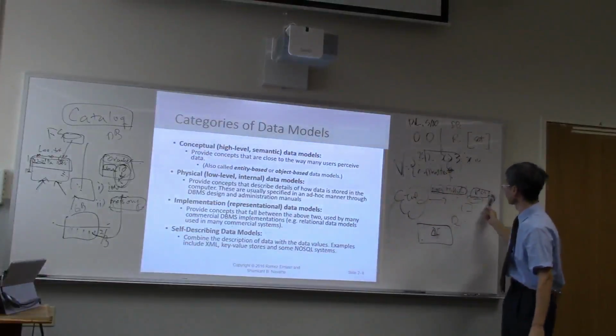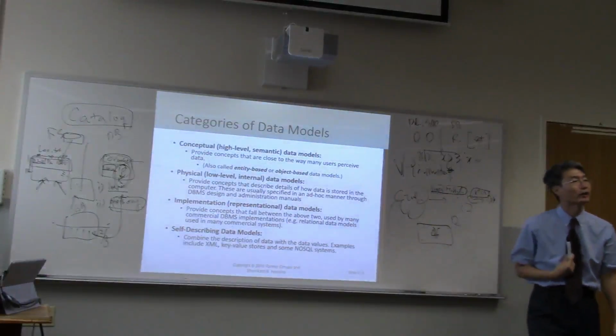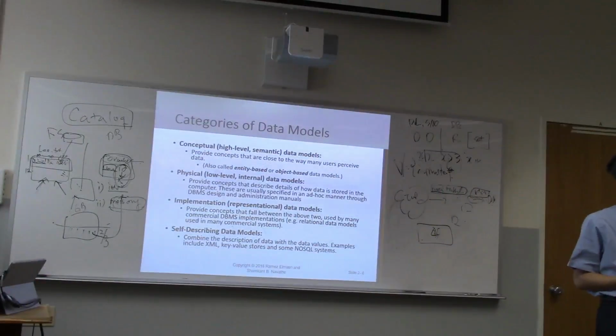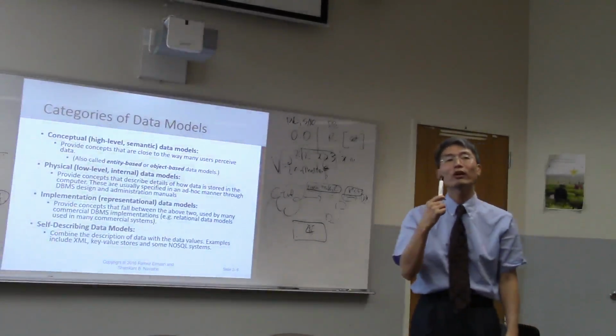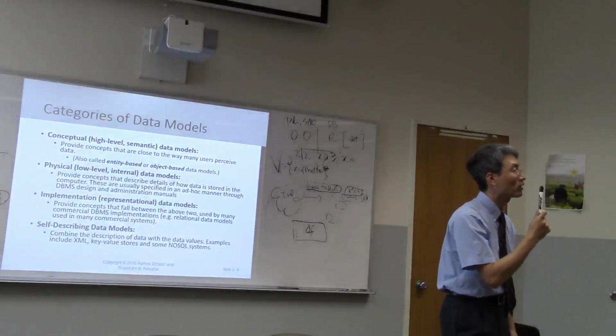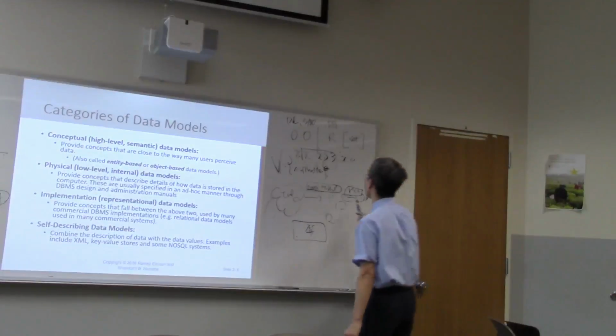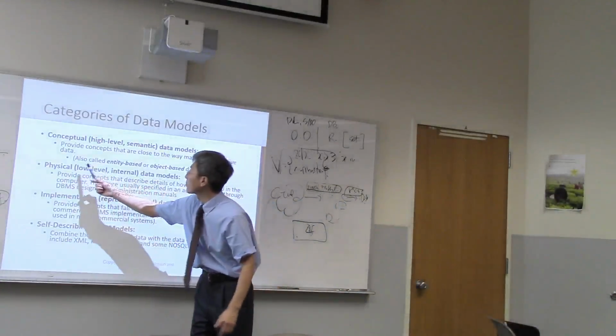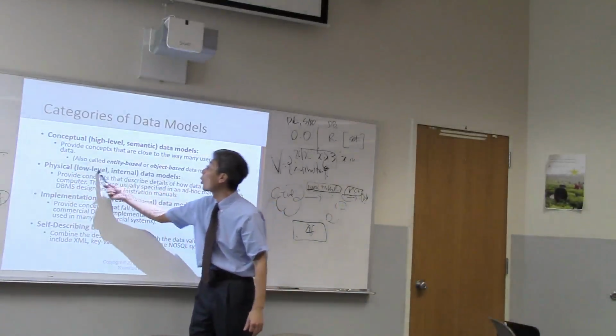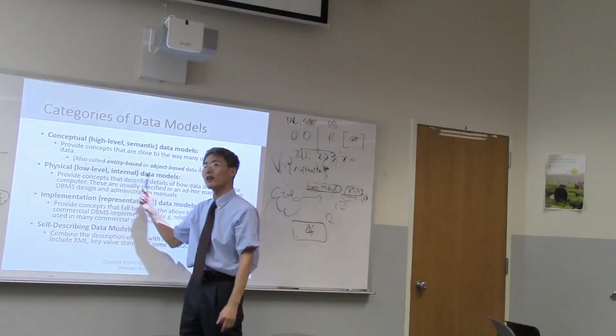Then the next step is, we try to build a database system using what? Software. So DBMS, Oracle, Informix, DB2 are examples of the software. So we need to model. At that time, that's called the physical model, low-level model, or internal model. Why?